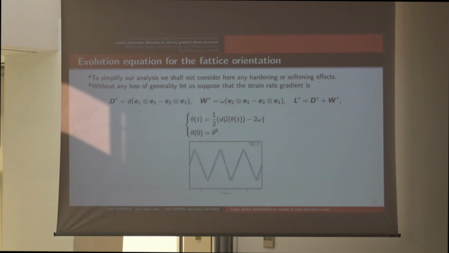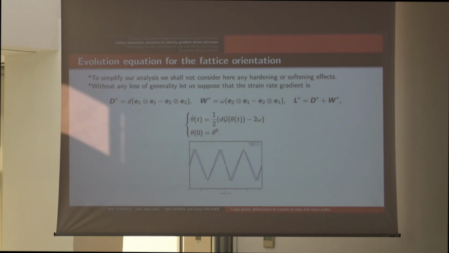There are two main simplifications. Now I want to speak about lattice orientation attractors in these velocity gradient driven processes. That means in this case that we fix the strain rate. The strain rate, not the strain, it's more complicated because it's not only the strain rate which I use.